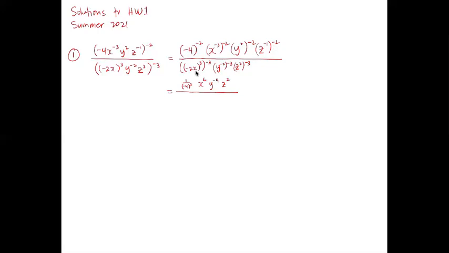And then for this denominator, you have positive 3 and negative 3. So you will get negative 2x quantity raised to negative 9. In here, you will have y raised to positive 6. Then in here, you will have z raised to negative 6.